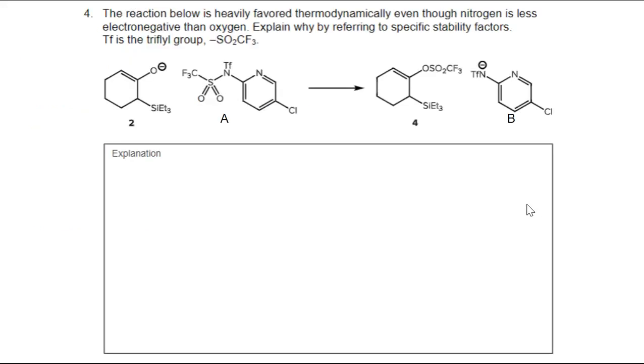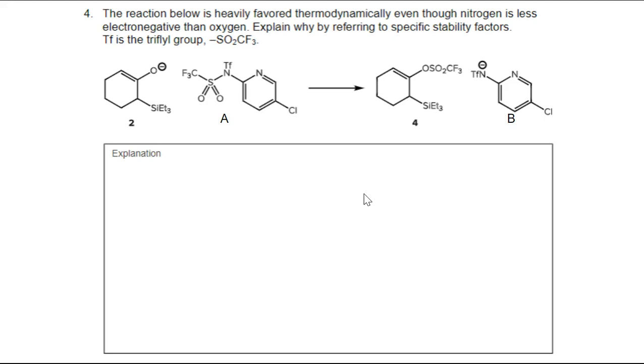Okay, so for this problem, we're looking at this reaction right here, and we're trying to figure out, looking at all those factors that I just went over, why this reaction is heavily favored in the forward direction.